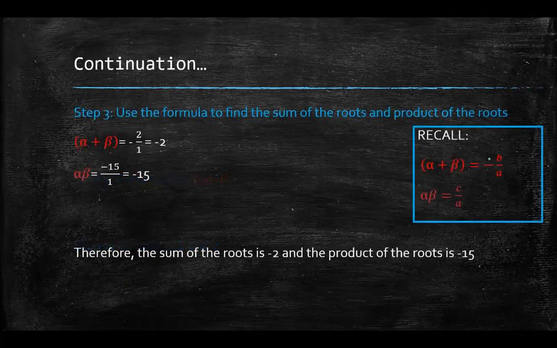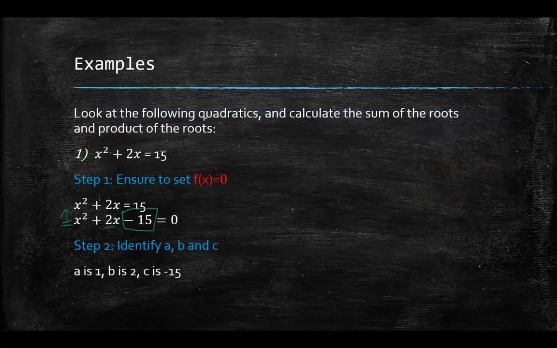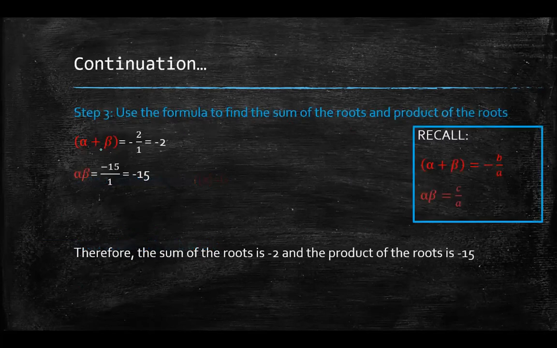Right. Now the third and final step, just use the formula to find the sum of the roots and the product of the roots. In this question, they wanted you to calculate the sum of the roots and the product of the roots. All you have to do, use the formula. Alpha plus beta is equal to minus b on a.